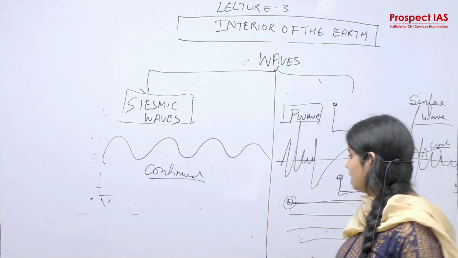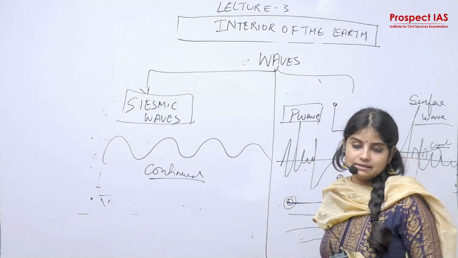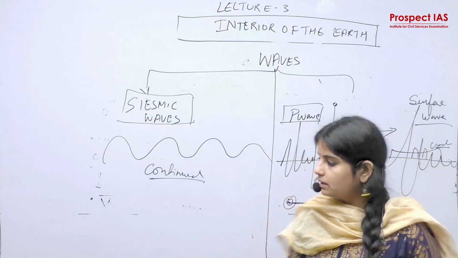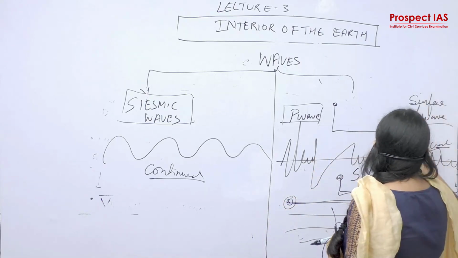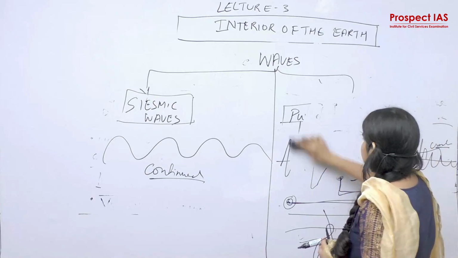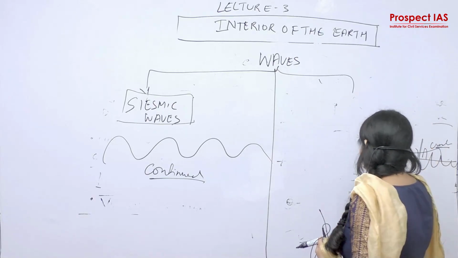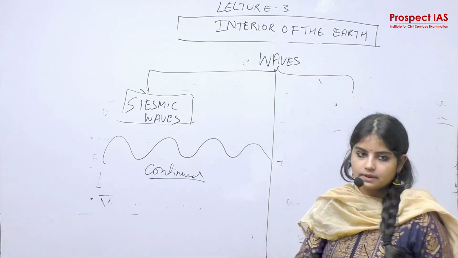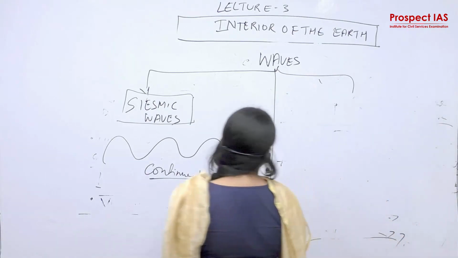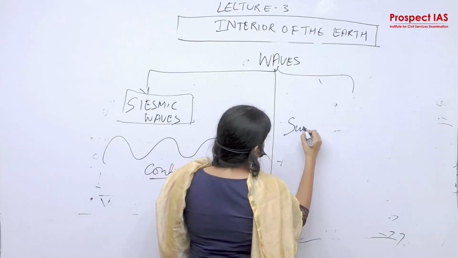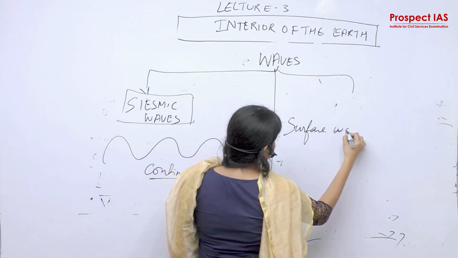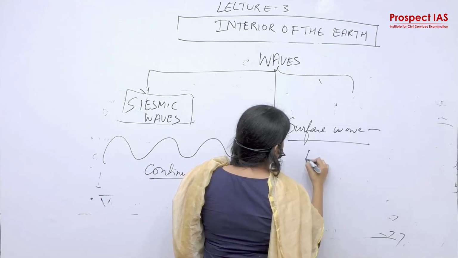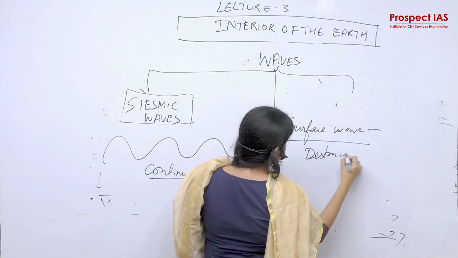Now the third is your surface wave. This wave is the most destructive wave. Why is it destructive?